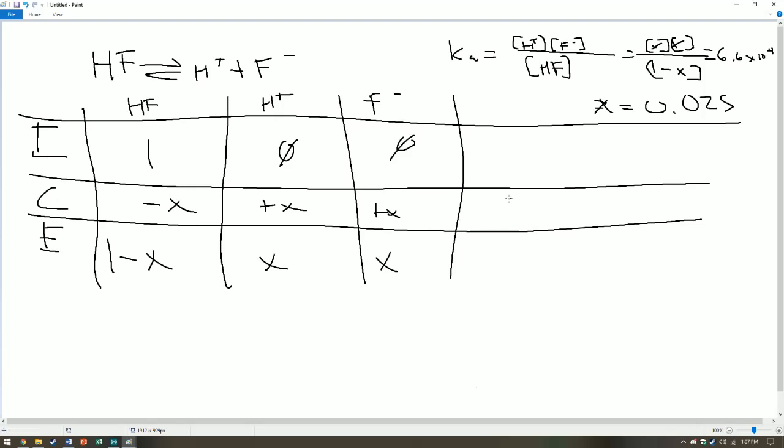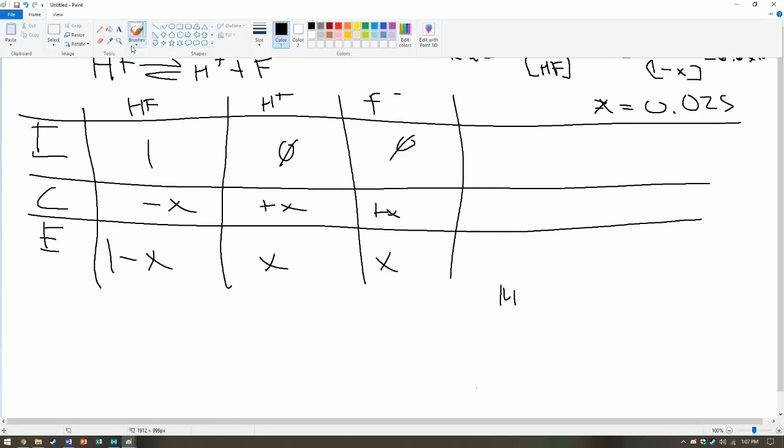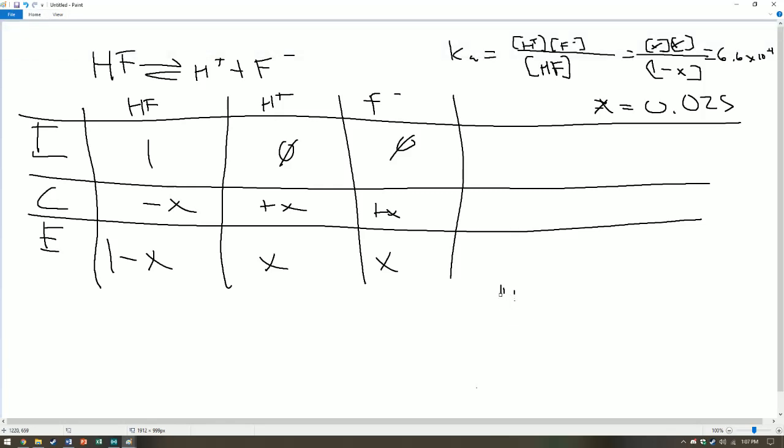And we can take the pH of that, so negative log of our answer. Whoops, negative log x. We get that our pH was 1.59.